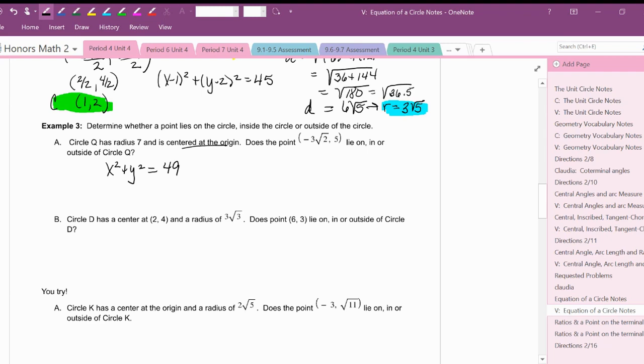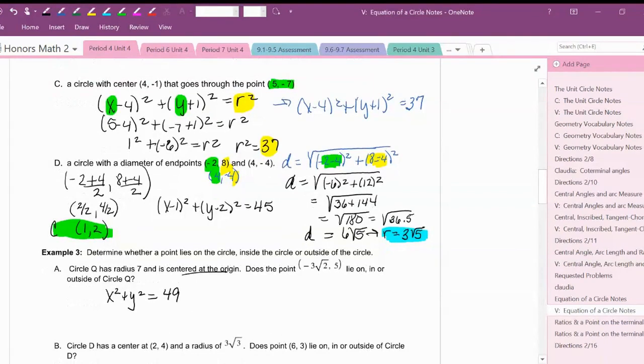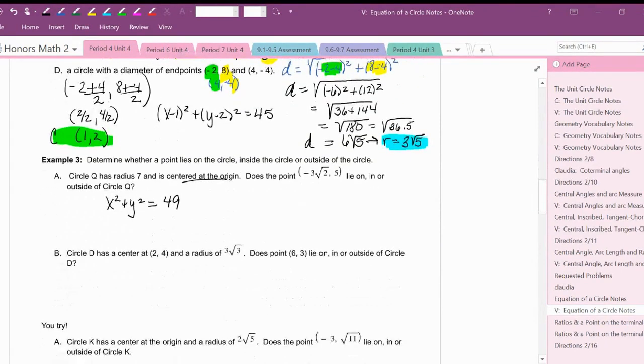And like the previous example here, C, in example number 2, we're going to use that point and put it into this equation. So I have (-3√2) squared plus 5 squared. How does this compare to 49?